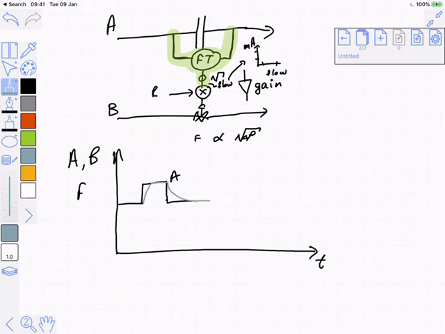Like even in the absolute best case, if that's a well-tuned controller and it's actually reaching the set point eventually and so on, B must be at least lagging behind A. Like it can't be different because I'm measuring and the valve has dynamics, and all of these elements have dynamics. So even in the best case, if it's a realizable kind of controller, the best thing is that B will always just be a little bit behind.